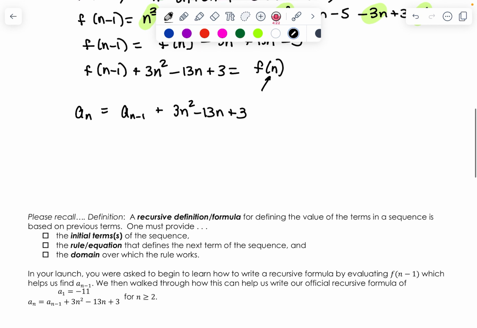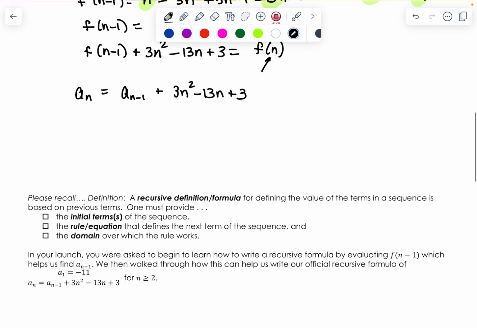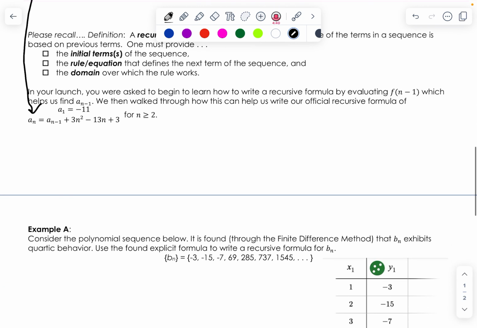Then my recursive formula, so watch this. A sub 1 is negative 11, and a sub n is a sub n minus 1 plus 3n squared minus 13n plus 3.